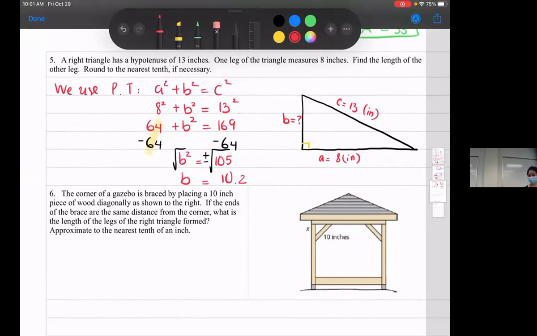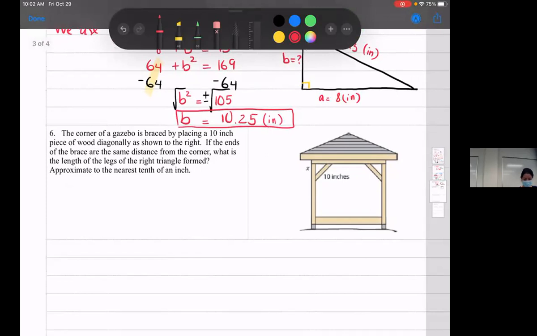Yeah, you need a calculator. So you got like 10.24 something, right? So it means 10.25. What's the unit? Inches.